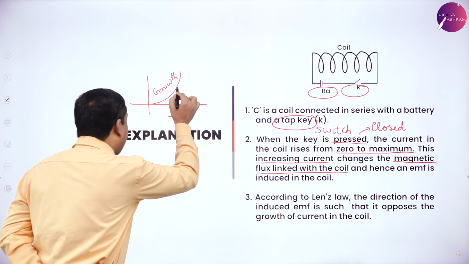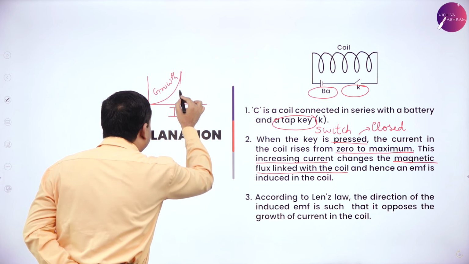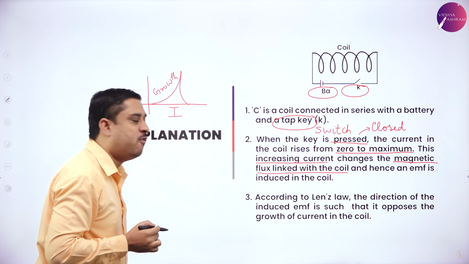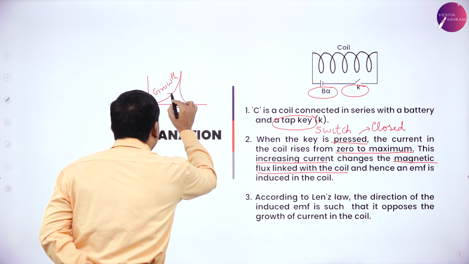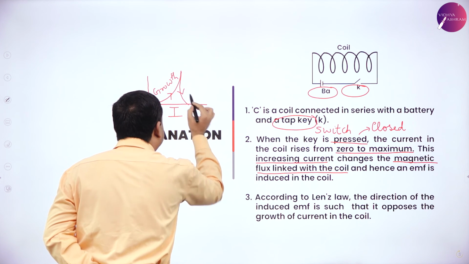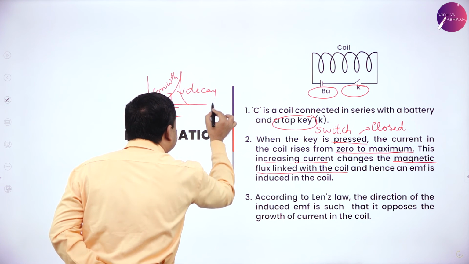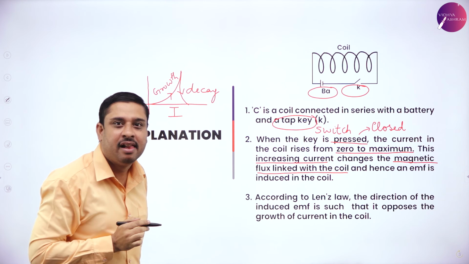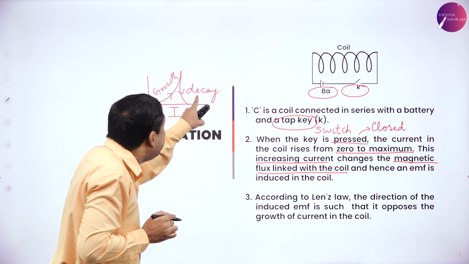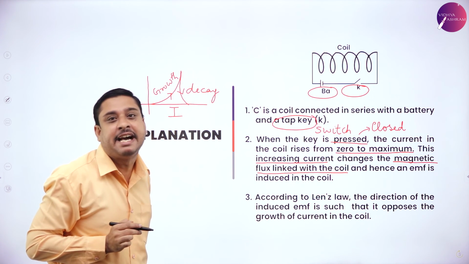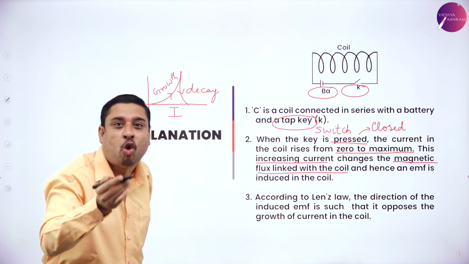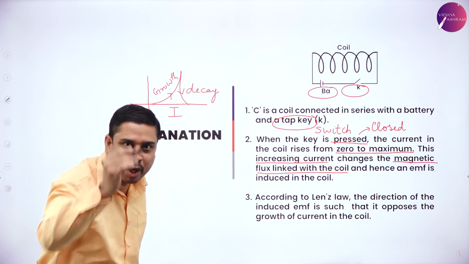Here, current has already reached the maximum value. Now, key is released. The current starts decreasing. That we call decay of current. Decay means it keeps reducing.